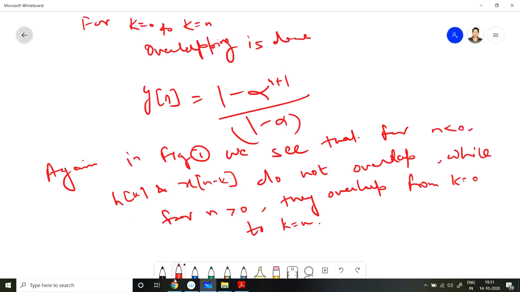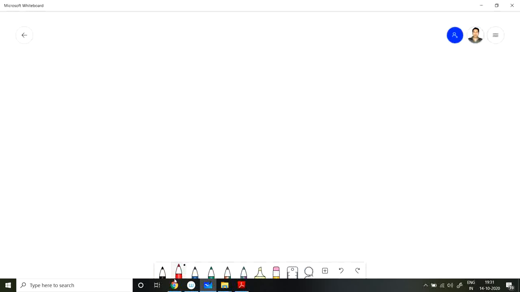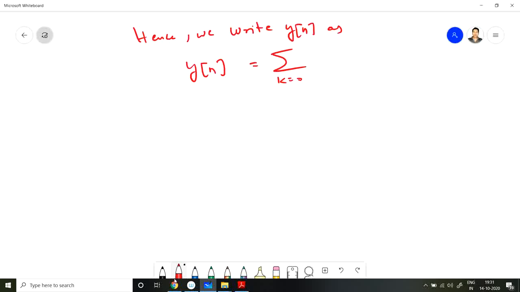Hence we can write y[n] as the summation from k equals 0 to n of alpha raised to the power k.